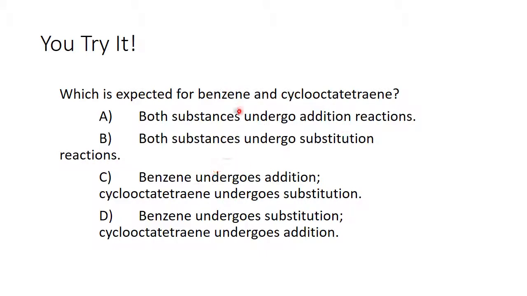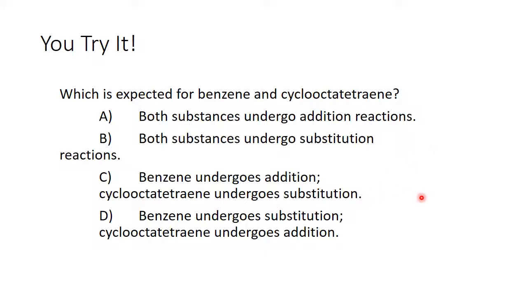So for benzene and cyclooctatetraene, what would you expect them to do? How would you expect them to react? Think about the aromaticity or lack of aromaticity and what you would expect aromatic compounds or non-aromatic compounds to do. Okay, so if I look at this, benzene, we already learned, undergoes substitution reactions and not addition reactions.